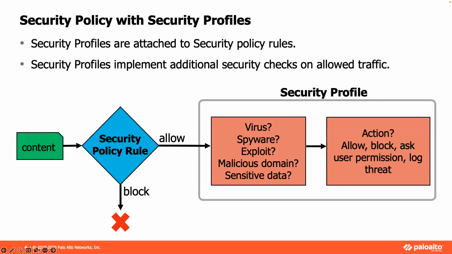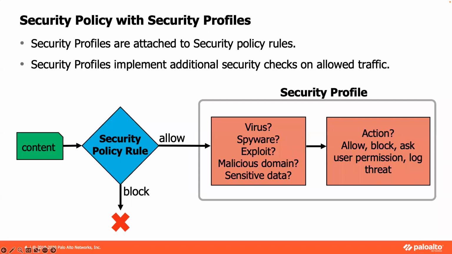And we have several different profile types we're going to talk about. Antivirus protection, spyware protection. We have inline machine learning, artificial intelligence, if you will, to protect you from all these things.